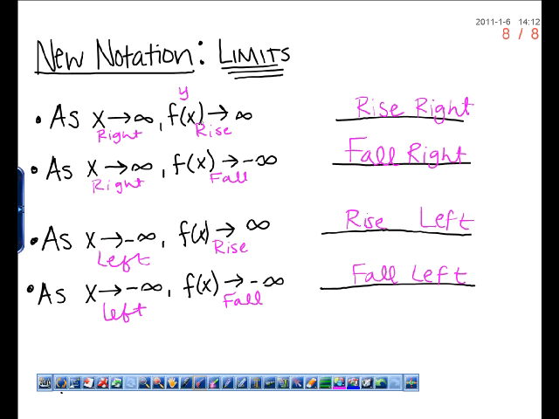You would just write what's here in black for that answer. Catherine? So if you had a rise right, fall left, you'd have to write both of them? You'd have two limits, yeah. You'd write the one for rise right: as x approaches infinity, f of x approaches positive infinity. And as x approaches negative infinity, f of x approaches negative infinity.